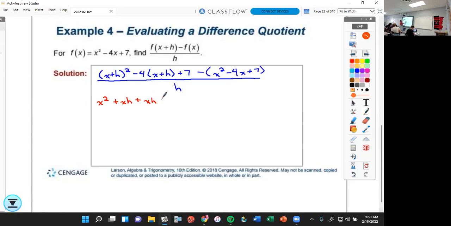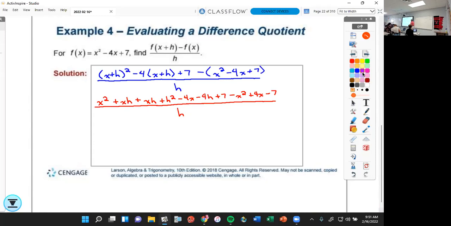Last times last. Distribute the 4: minus 4x minus 4h plus 7. Distribute the negative sign: minus x squared plus 4x minus 7, all over h.